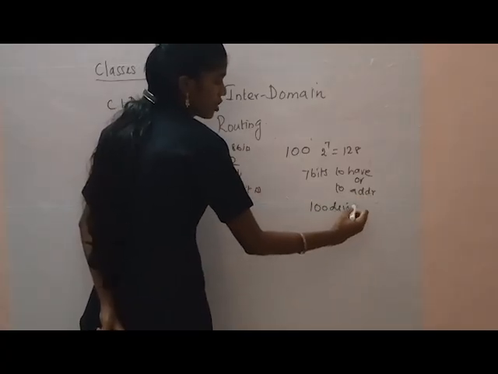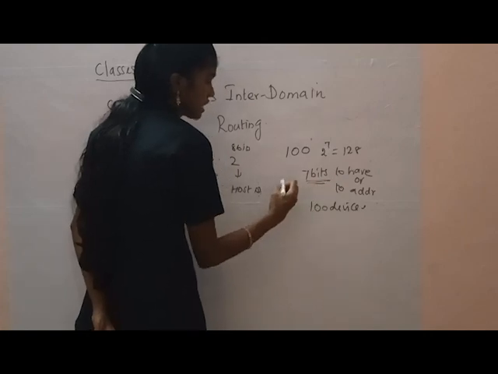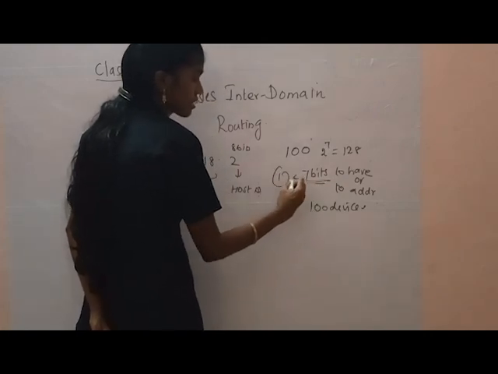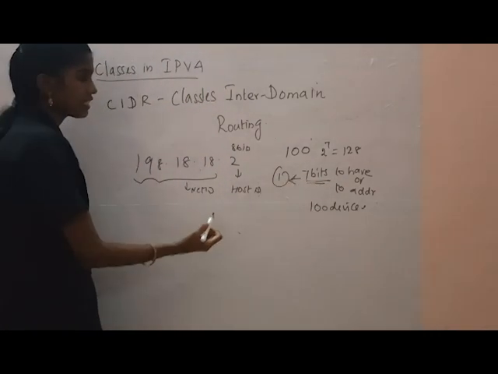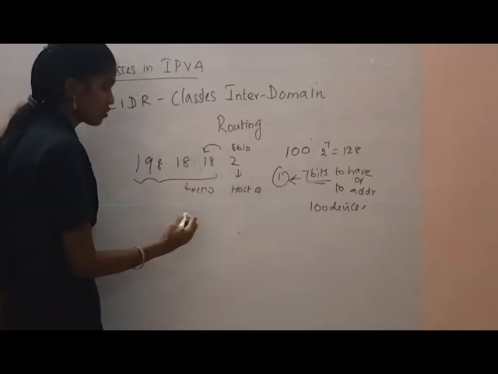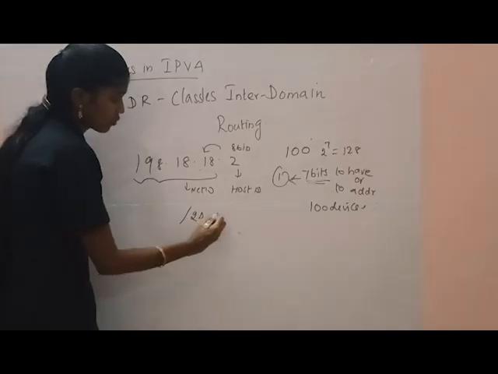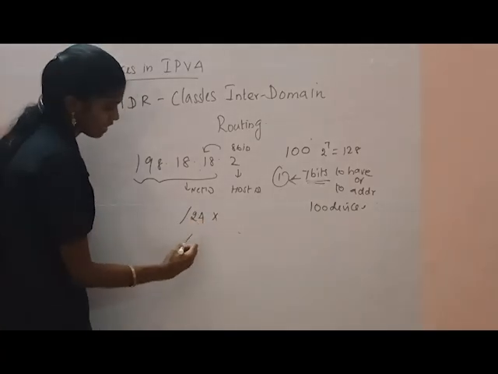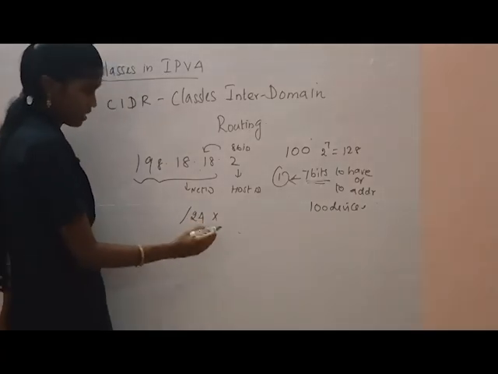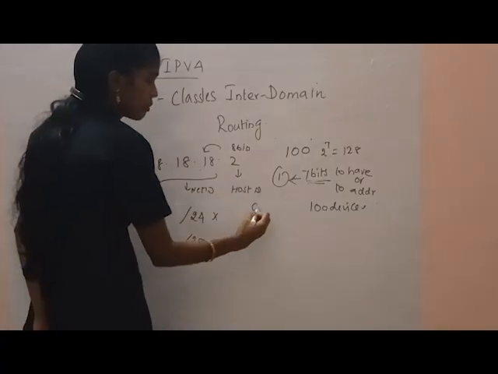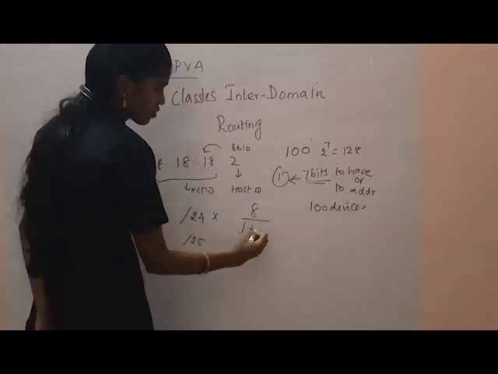Okay, you are in need of only 7 bits. Then what about this extra 1 bit? That can be given back to the network portion. So we can write this not as slash 24. Usually we write it as slash 24, but we can write it as slash 25, because this 8 bits is further classified into 1 plus 7.